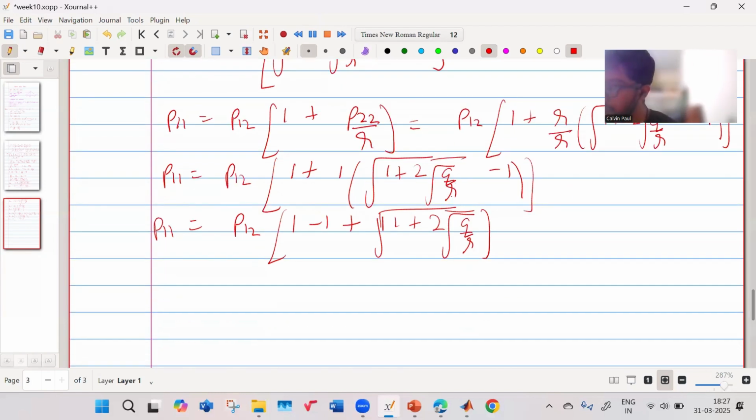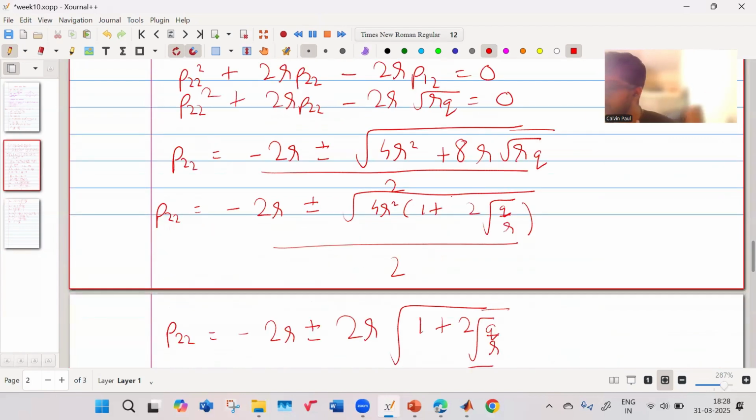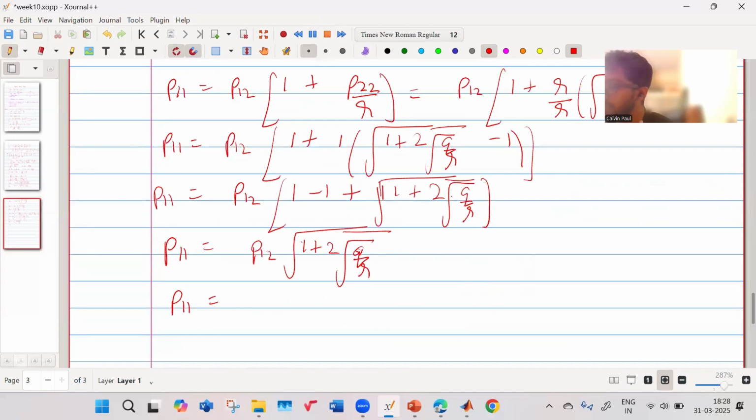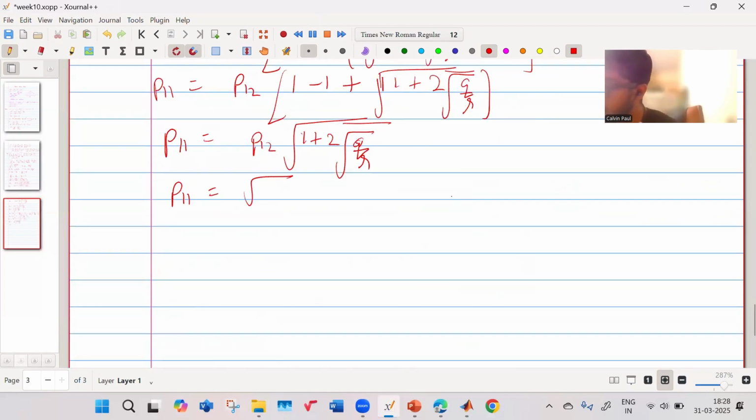So we get p11 is equal to p12 into square root of 1 plus 2 square root of q upon r. What is p12? Square root of r cubed. So this is square root of r cubed into square root of 1 plus 2 square root of q upon r.